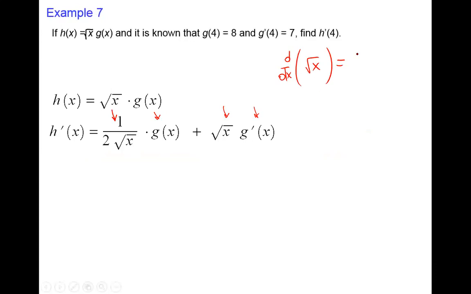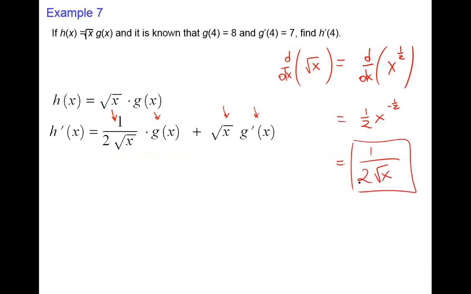To get the derivative of the square root of x, I think we have to use the power rule, because the square root of x is x to the power of 1/2, and then the derivative will be 1/2 x to the power of 1/2 minus 1, negative half. Rewriting without the negative exponent, we're getting this.